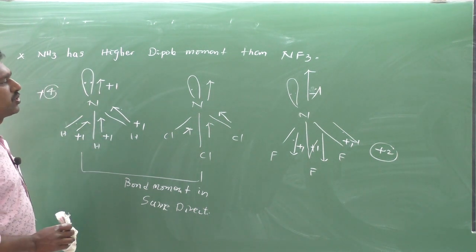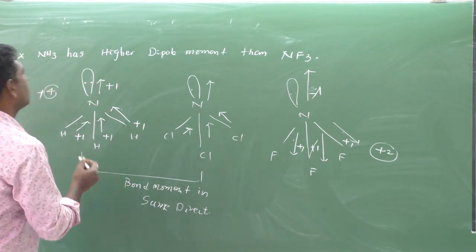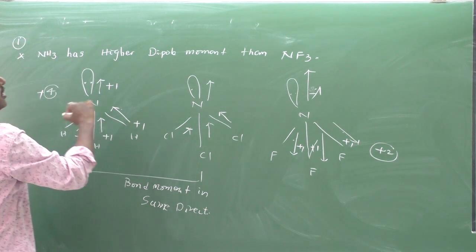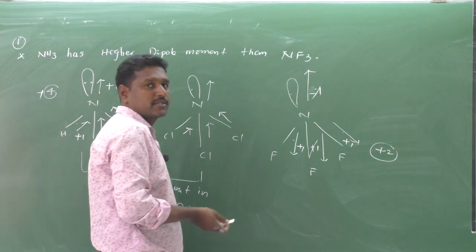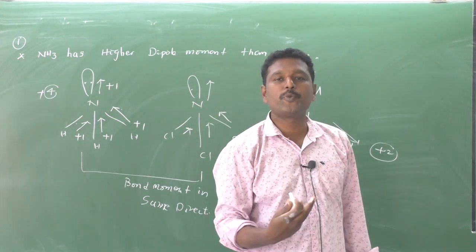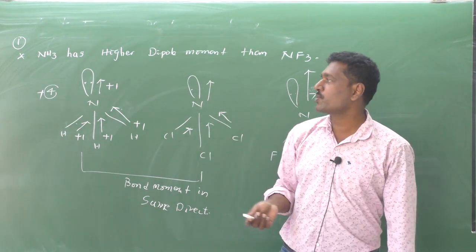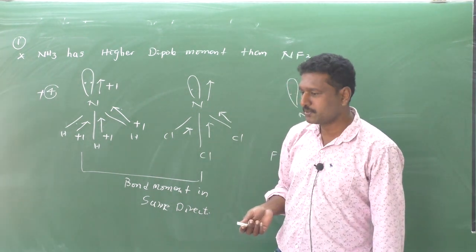So this is also important, one of the applications. By knowing this, we can confirm the molecules also. Molecules which have more dipole moment have more polarity. That is also one of the important things.